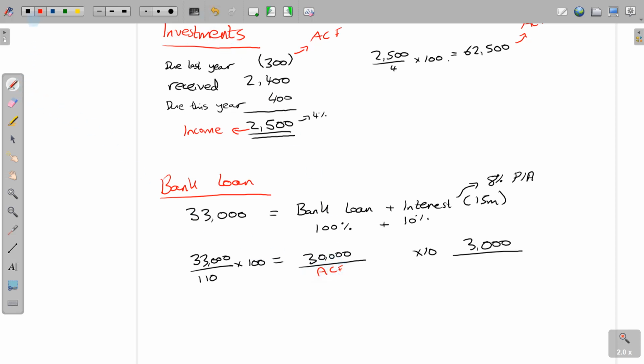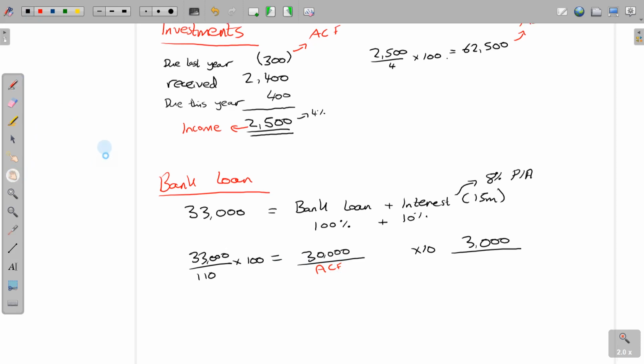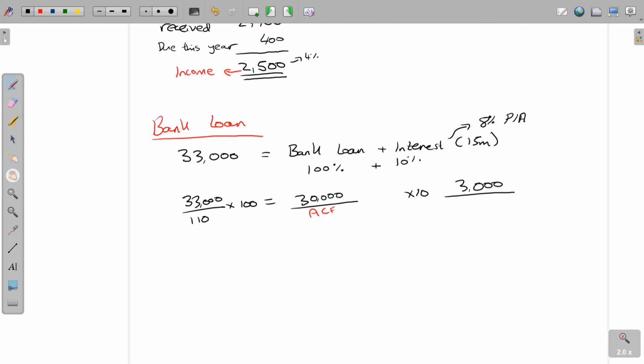Now we have to break this 3,000 up into this year and last year. What goes into the expense is going to be 8% of 30,000, or you could say 3,000 divided by 15 multiplied by 12.